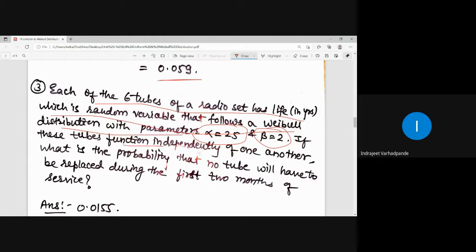If these tubes function independently of one another, what is the probability that no tube will have to be replaced during the first 2 months of the service? ये जो कैलकुलेशन है ये ईयर्स में दिया है आपको, first 2 months. So in a year how many months are there, 12. सो 2 months के लिए ratio आपका लेंगे accordingly, 2/12. 2/12 will be the point over there.